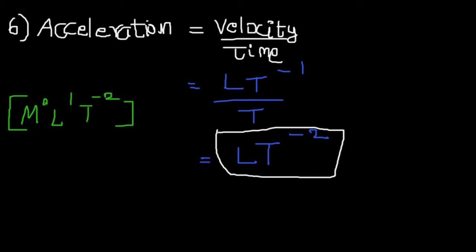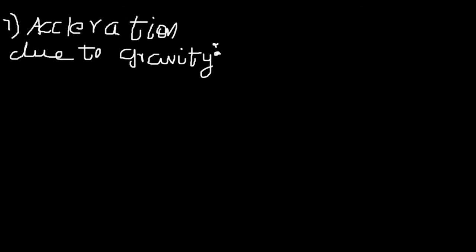If you are representing them in M, L and T form, you would probably get M power 0, L power 1, T power minus 2. The next derived physical quantity we will see is acceleration due to gravity. It is usually denoted in meter per second square.